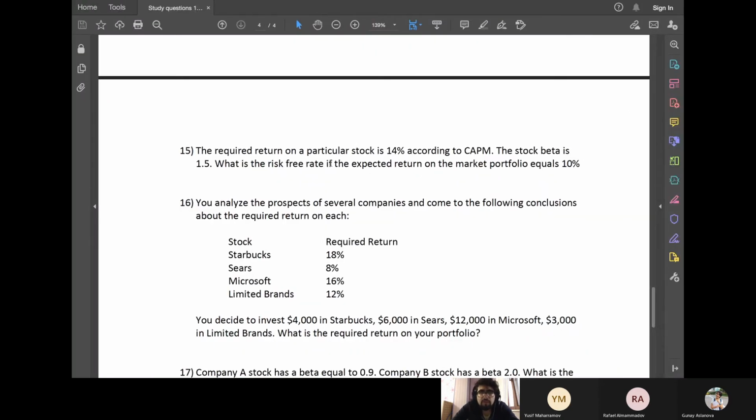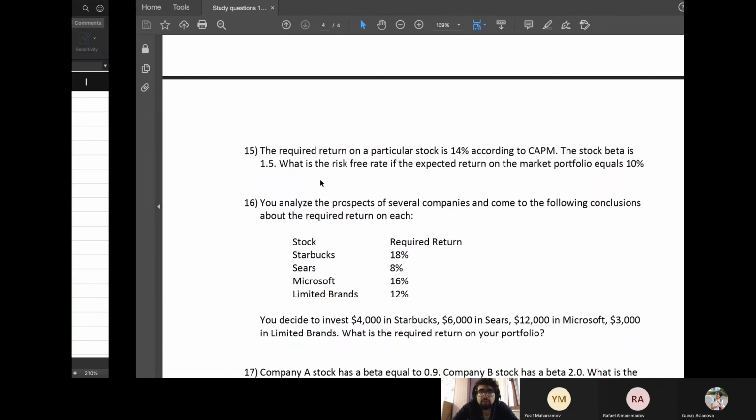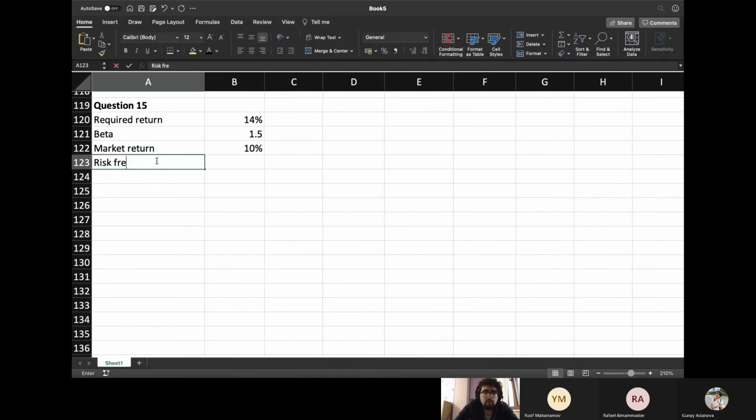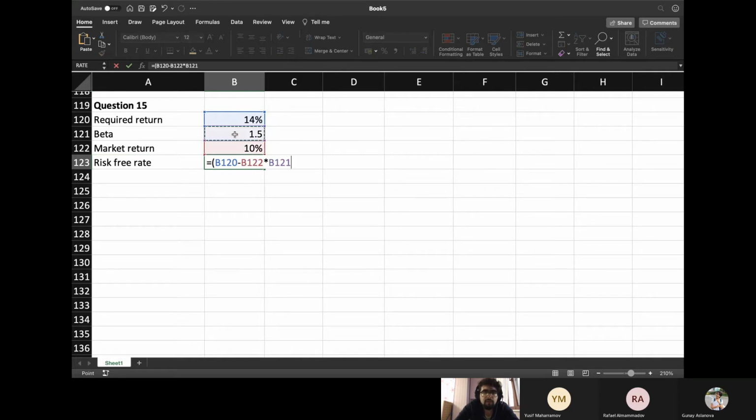We should find the risk-free rate. The risk-free rate is equal to the required rate of return minus market return times beta, divided by 1 minus beta, which is 2%.